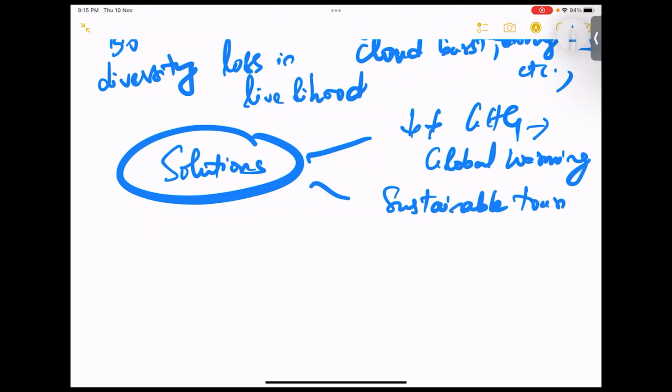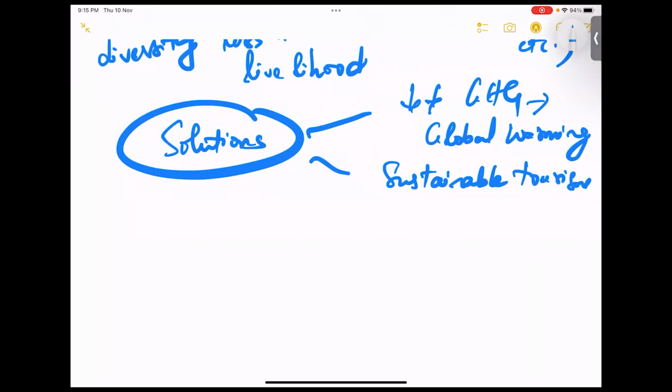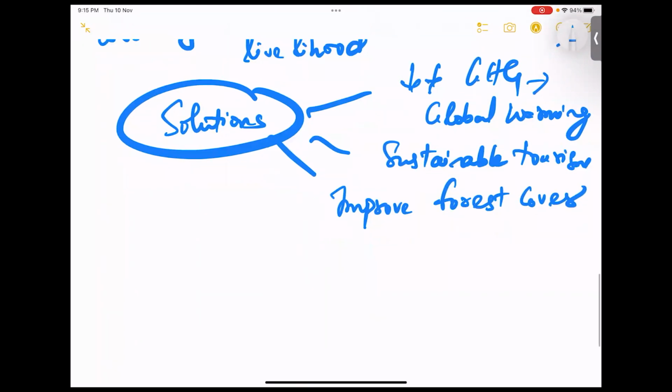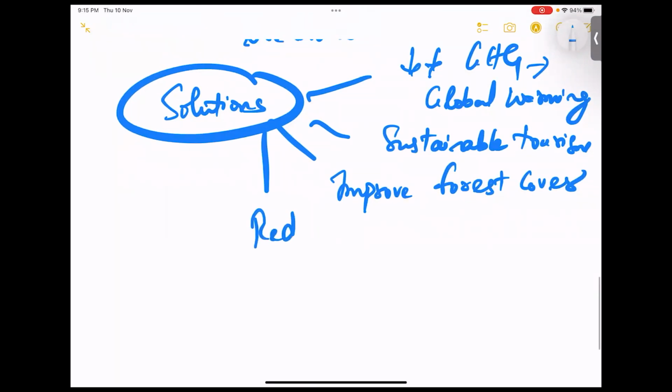Sustainable tourism is one thing. And then improve forest cover. Okay, reduce pollution.